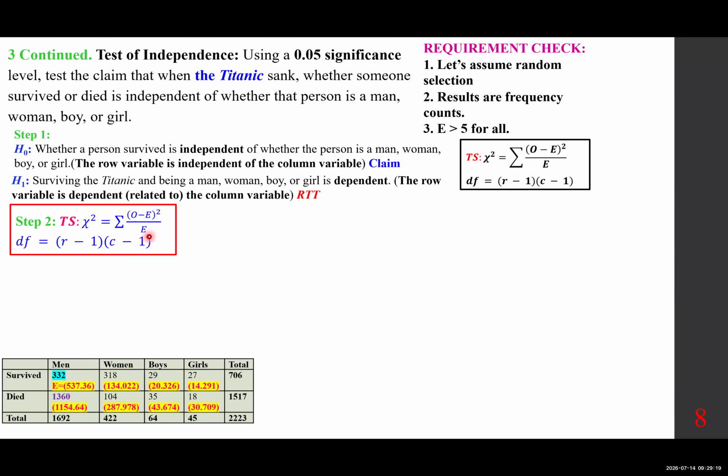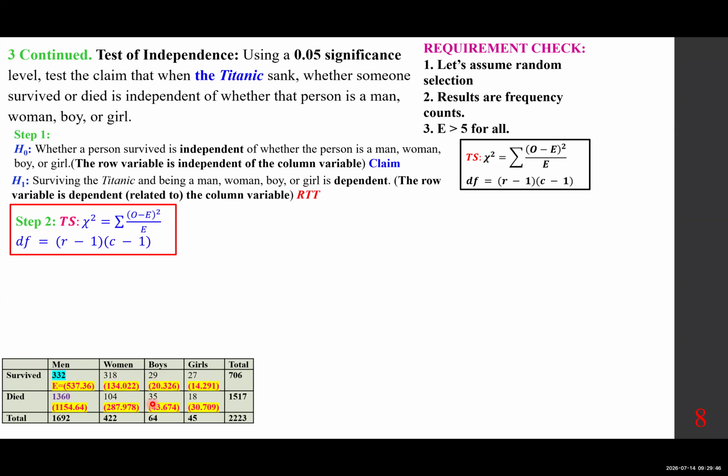But having said that, how do we calculate this? If we stick with the very first entry, the difference between these two quantities, and it doesn't matter which one comes first, but normally O minus E. In other words, (332 minus 537.36) squared, plus the next one, (318 minus 134.022) squared.